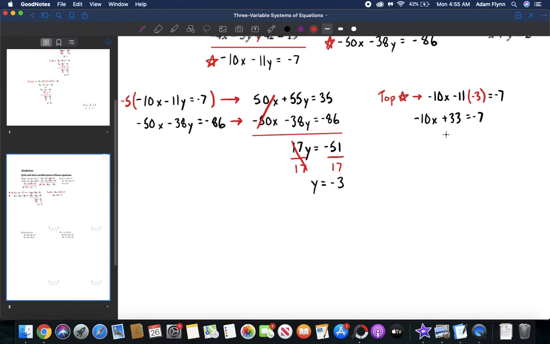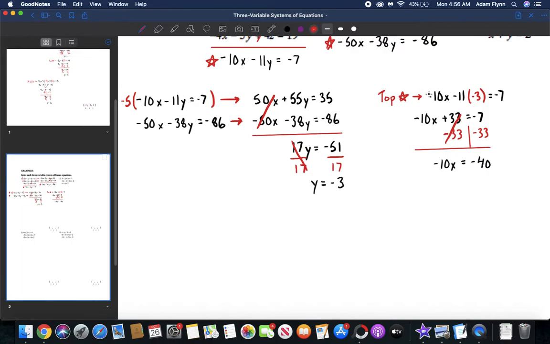I can subtract 33 on both sides. When I do that, I am left with negative 10x on the left side. And on the right side, I get negative 7 minus 33, which is going to be negative 40.